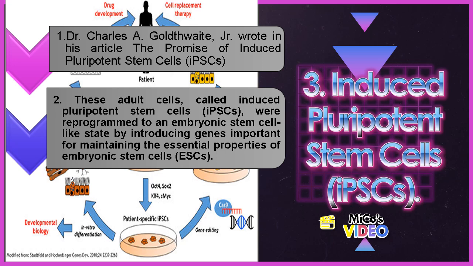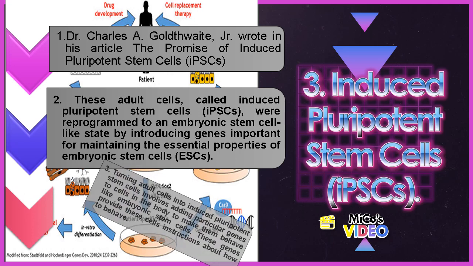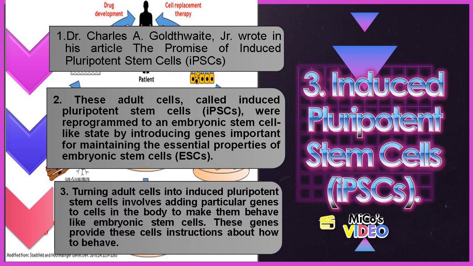Same as embryonic stem cells, iPSCs are pluripotent and can make all the different types of cells in the body. Turning adult cells into induced pluripotent stem cells involves adding particular genes to cells in the body to make them behave like embryonic stem cells.